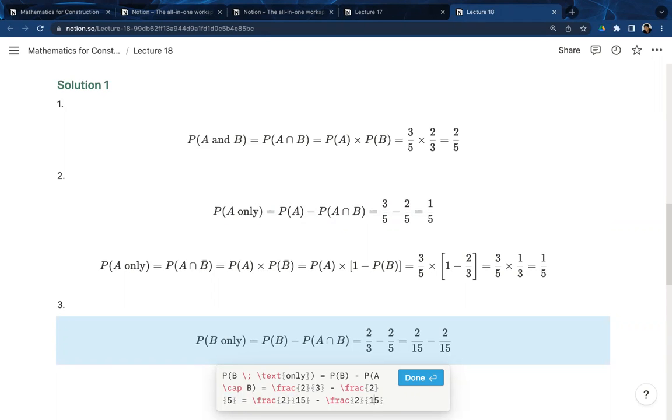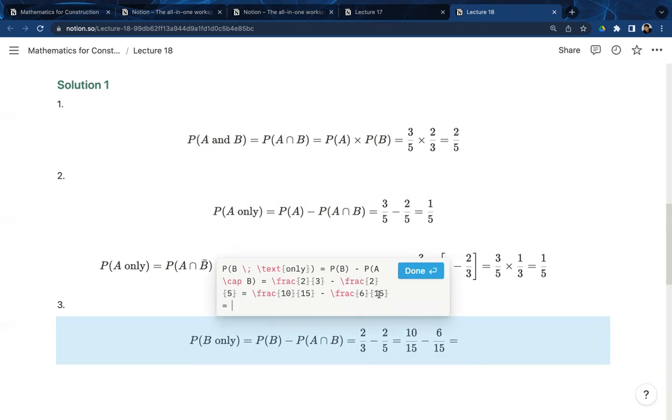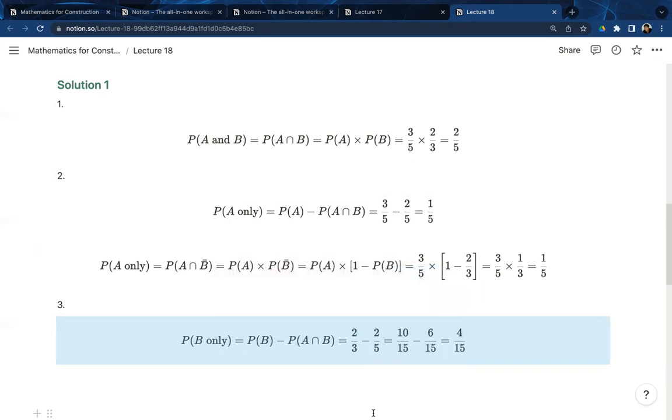For 2/3, we multiply above and below by 5. 5 threes are 15, 5 twos are 10. For this one, we multiply above and below by 3. 3 fives are 15, 3 twos are 6. Now we have the same denominator, we can just subtract numerators. 10 minus 6 is 4, so 4 over 15. So the chance of only B happening is 4 over 15.